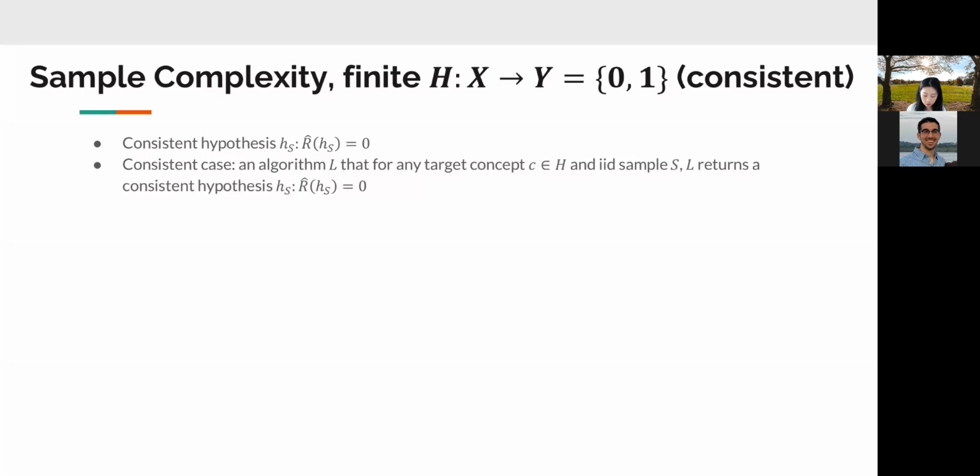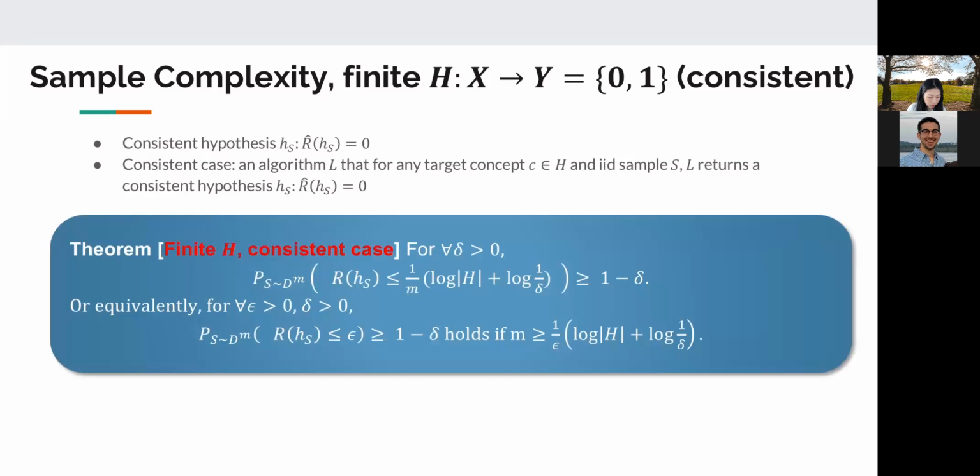The consistent case says that for any target concept C in capital H and IID sample S, the algorithm will return a consistent hypothesis HS. So the theorem goes as the finite H consistent case.